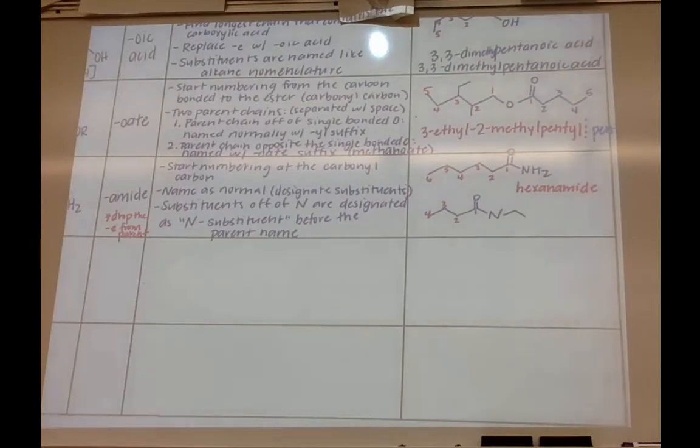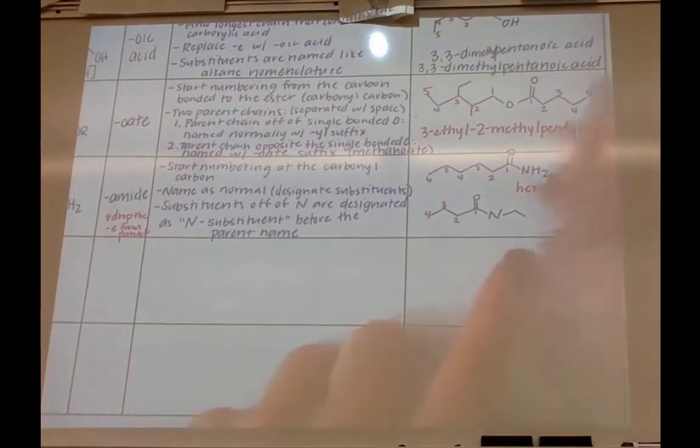Four carbons all single bonded together would be what? Butane. You just drop the E and add amide. It would be butanamide. So the parent name would be butanamide.